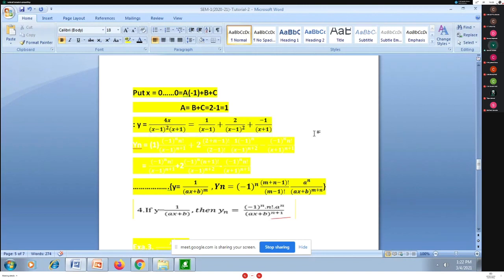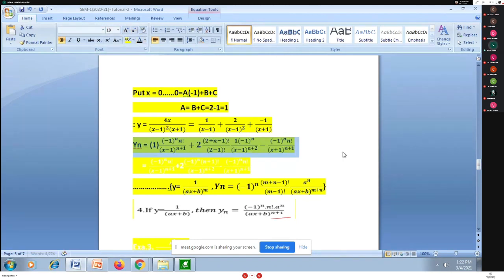Yes, now I am applying this 1 upon x plus b formula for first and third term, and I'm getting yn as: just write coefficient 1 as it is, apply formula for x minus 1. So for x minus 1, I'm having a is equal to 1, b is equal to minus 1. Numerator remains as it is, minus 1 raised to n factorial, 1 raised to n upon (x minus 1) raised to n plus 1.